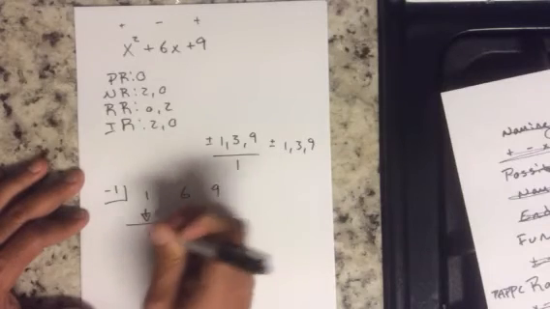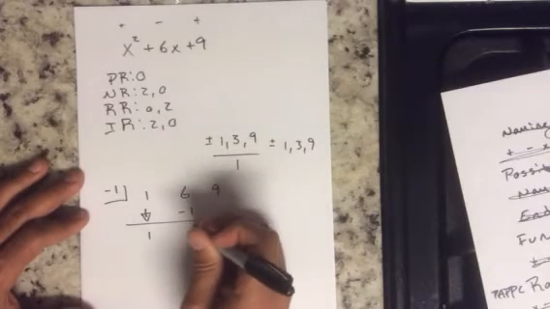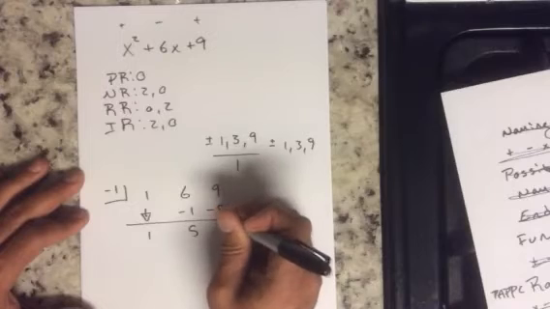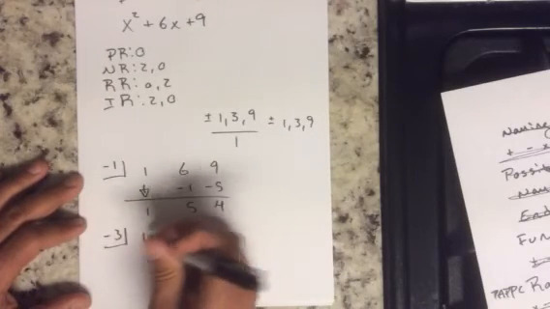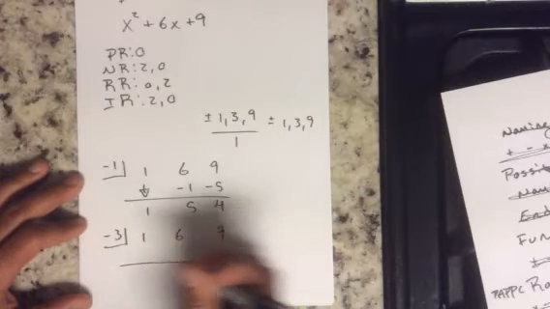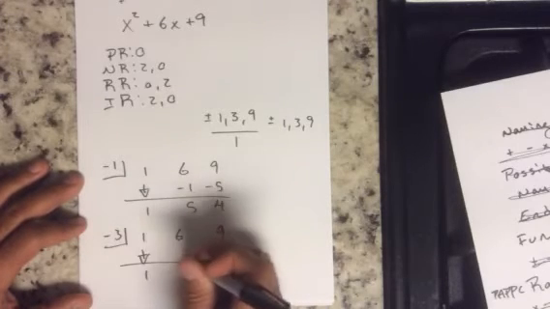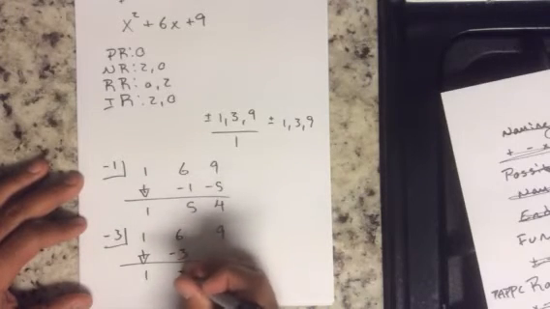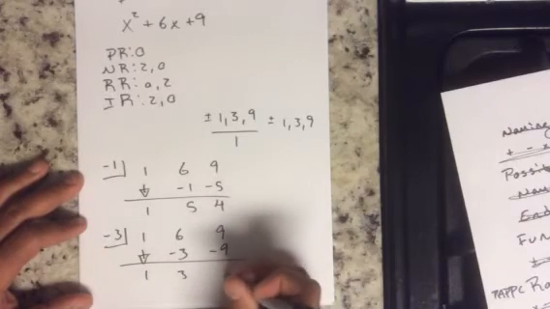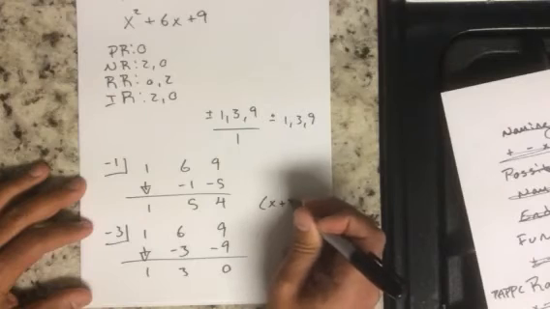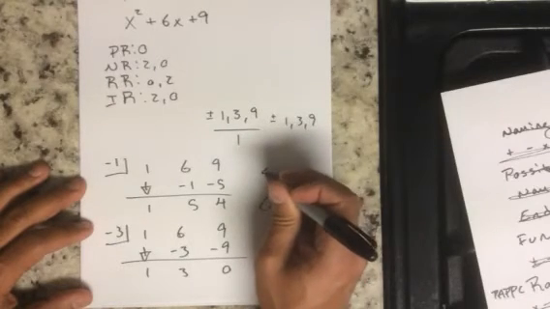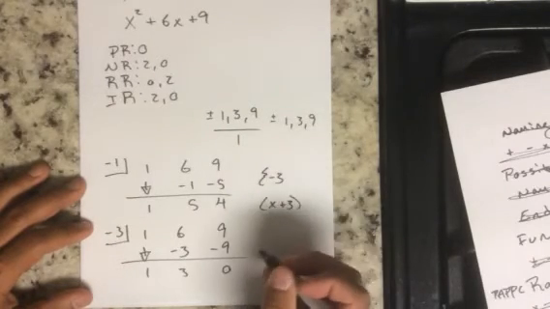First one comes down, multiply, add them together, multiply. Gave me a remainder, so that didn't work. First one comes down, multiply, add them together, multiply. And that one did work. So I have x plus 3 as a factor, negative 3 as a root.